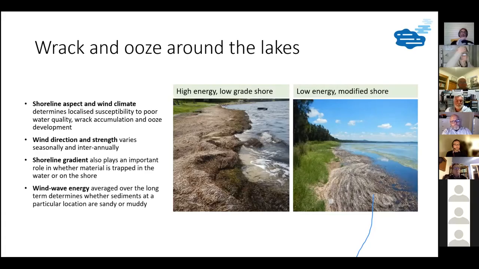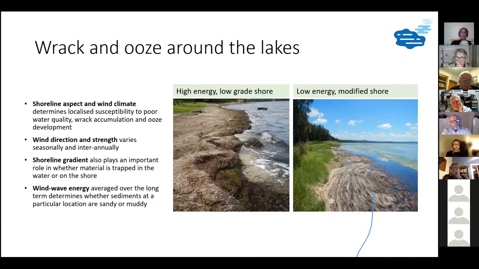The other thing is that the wind wave energy for any particular shoreline, averaged over a long period of time, really determines whether the sediments on the beach and in that shallow part of the shore are sandy or muddy.